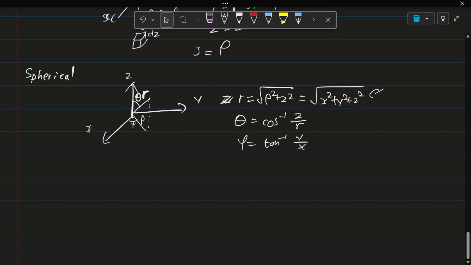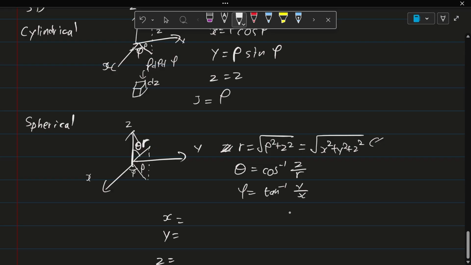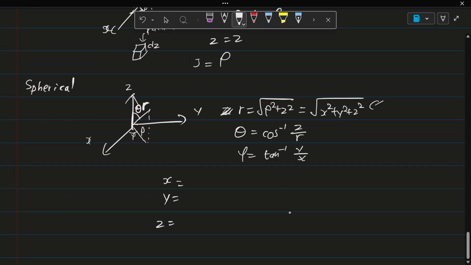So we could actually convert this entire thing into your x, y, z system. We could just cheat off from the polar coordinates. Instead of z equals z, you could get something from this function. It's cosine theta equals z over r. That means z is r cosine theta.